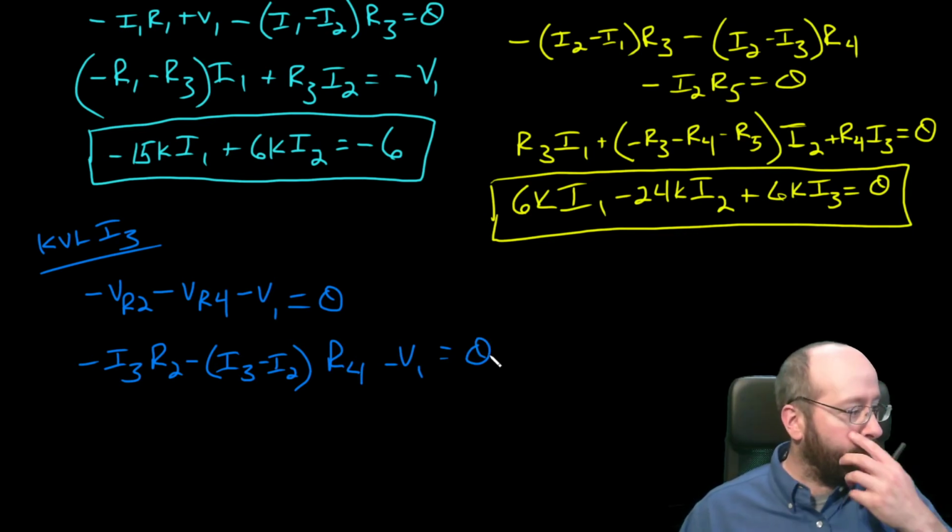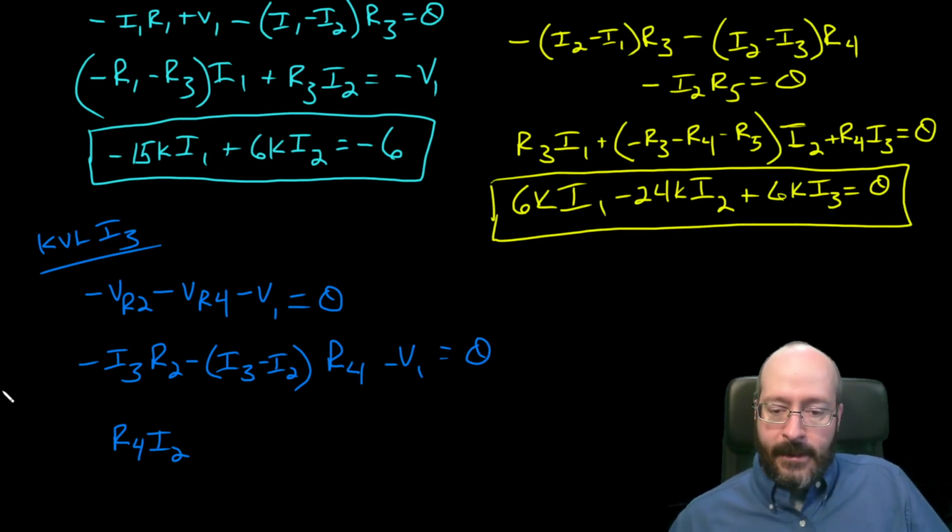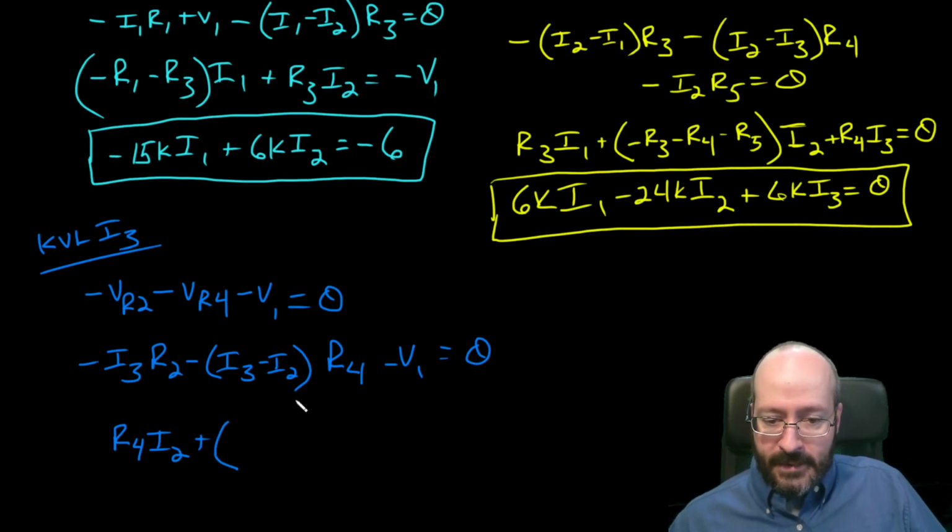Distribute, regroup, get it in the form that we need it. I don't see any I1 terms, so my I2 term is really here. So I get R4 I2 as I distribute this negative sign and that R4. And we get negative R2, negative R4 in front of I3.